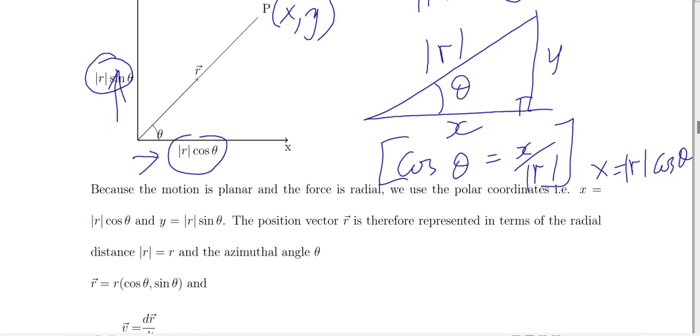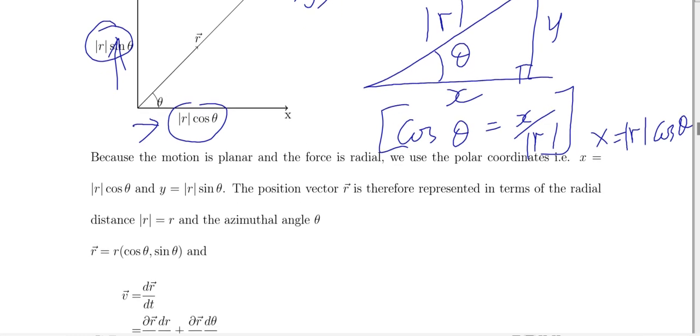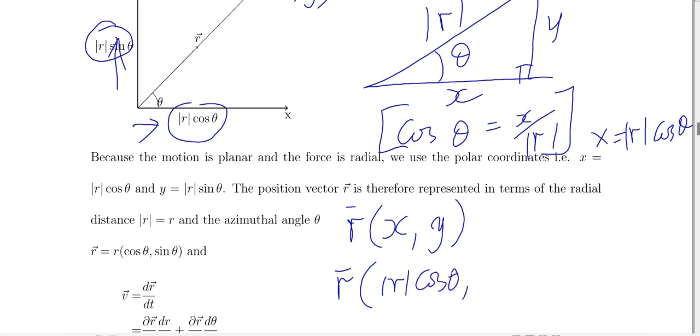So when the position vector has the coordinates x, y at any instant, we can write the position vector r has the coordinates magnitude of r cos theta, which is x, and magnitude of r sin theta, which is y, by replacing x and y.